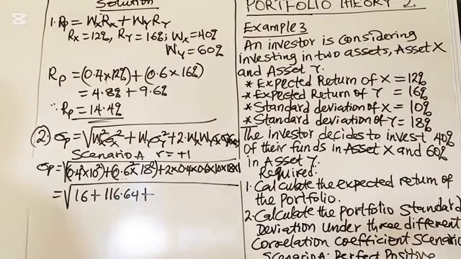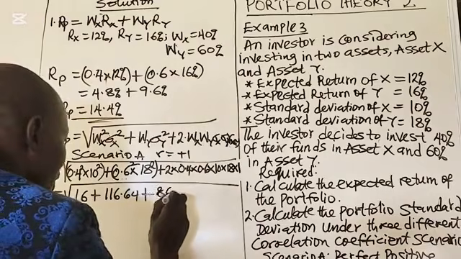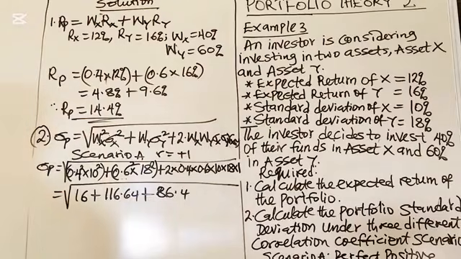plus 2 times 0.4 times 0.6 times 10 times 18 times 1. That gives us 86.4. So what is the sum of the three results? 86.4 plus 116.64 plus 16.